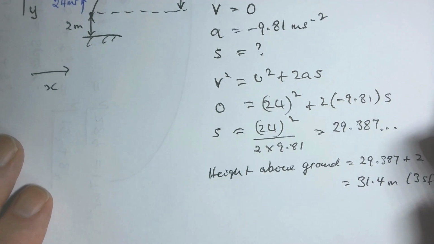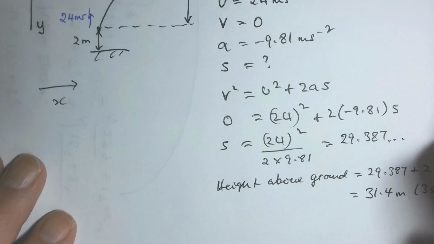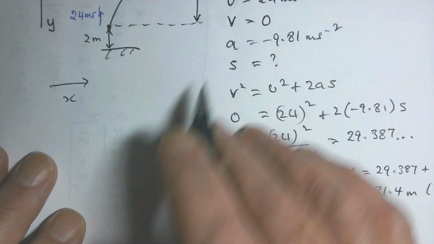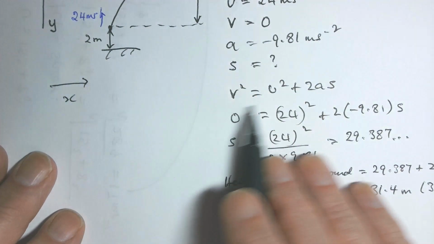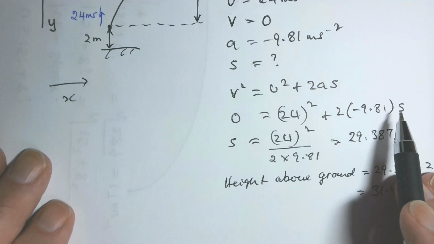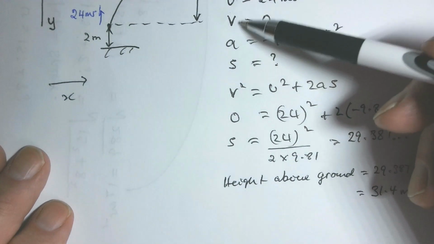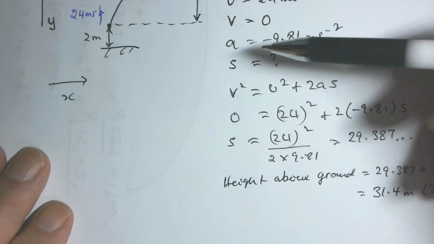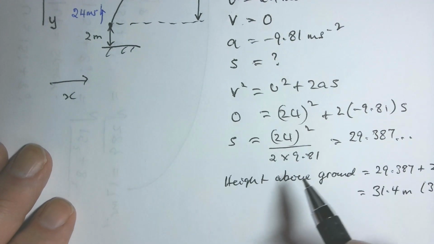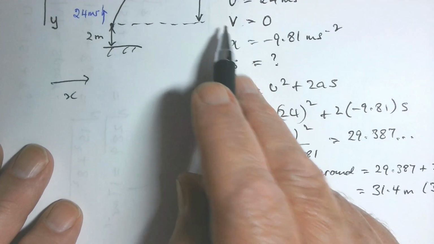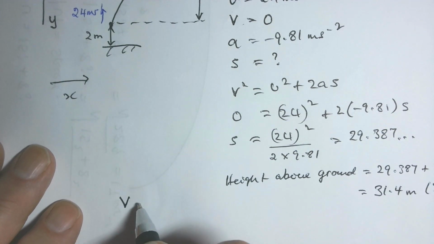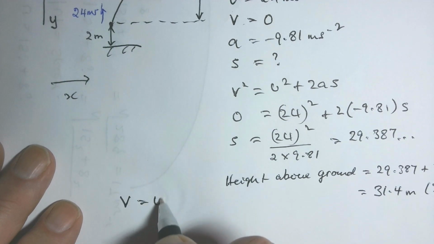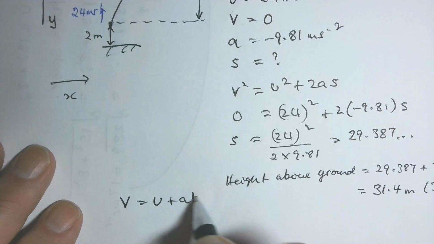So that gives us the height, and to get the time, using the same information, we want one of the SUVAT equations involving time. Well, we know v, u, a, so we can use v equals u plus at to get the time.